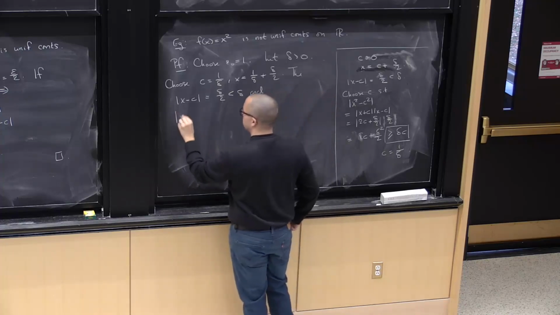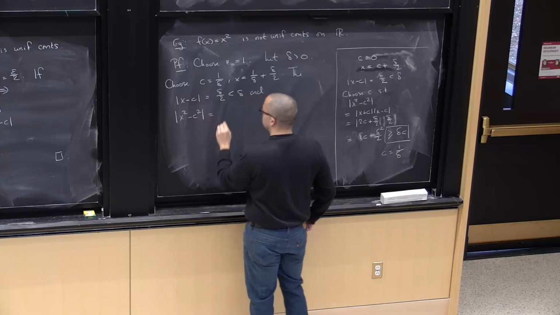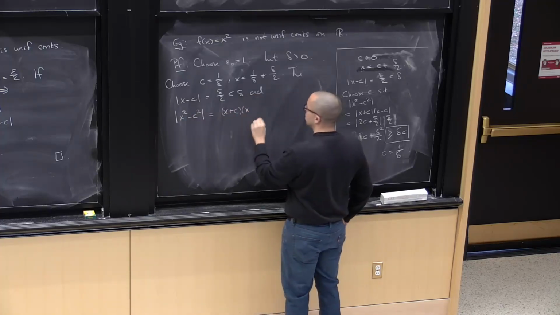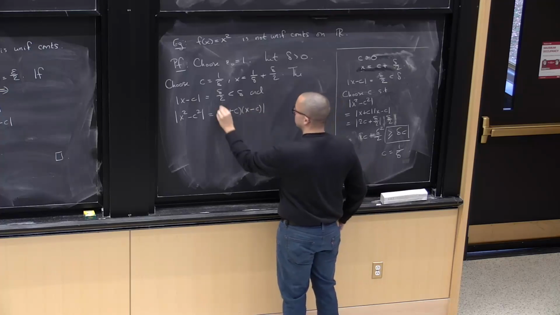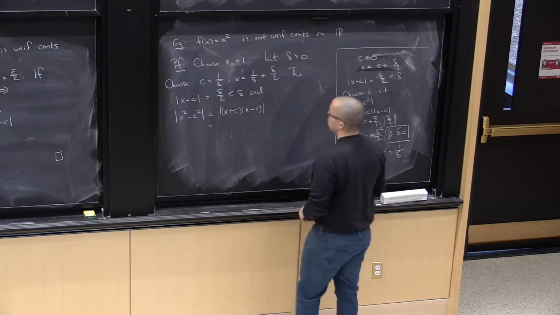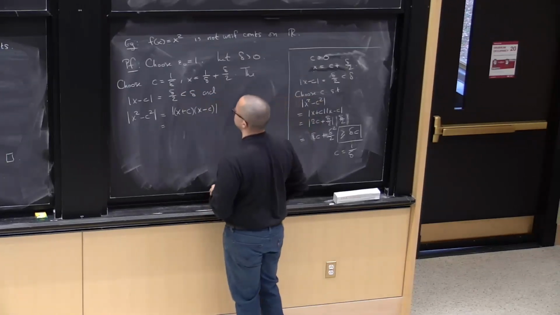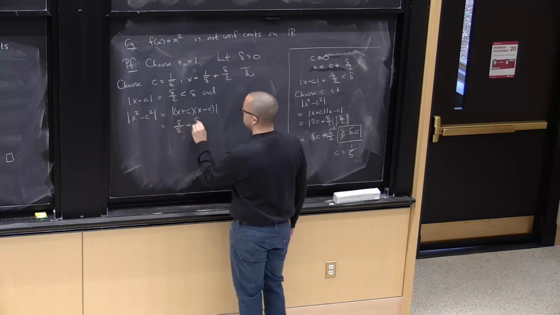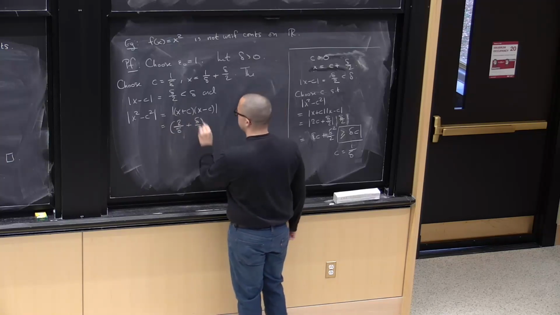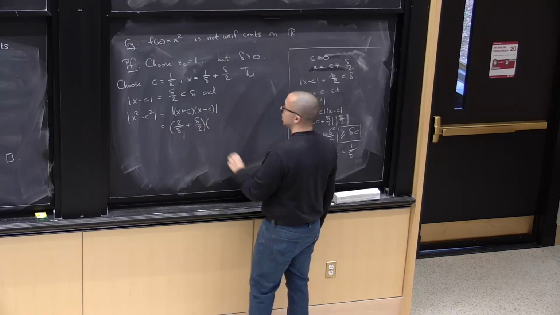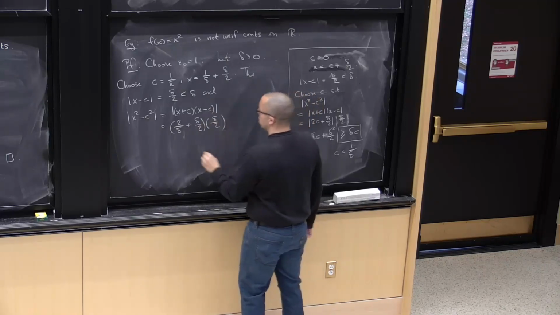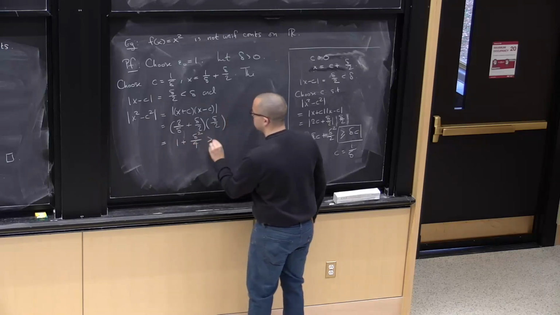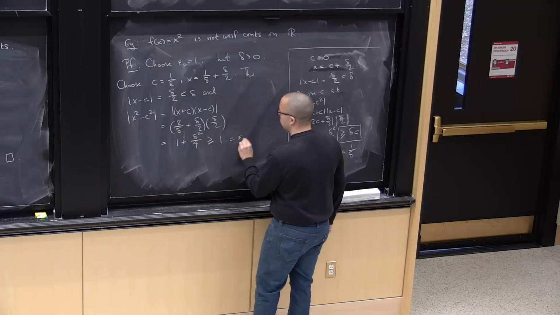And x squared minus c squared equals x plus c times x minus c. x plus c, as we did a minute ago, is going to be 2 over delta plus delta over 2. x minus c is equal to delta over 2, so the product equals 1 plus delta squared over 4, which is bigger than or equal to 1, our bad epsilon.